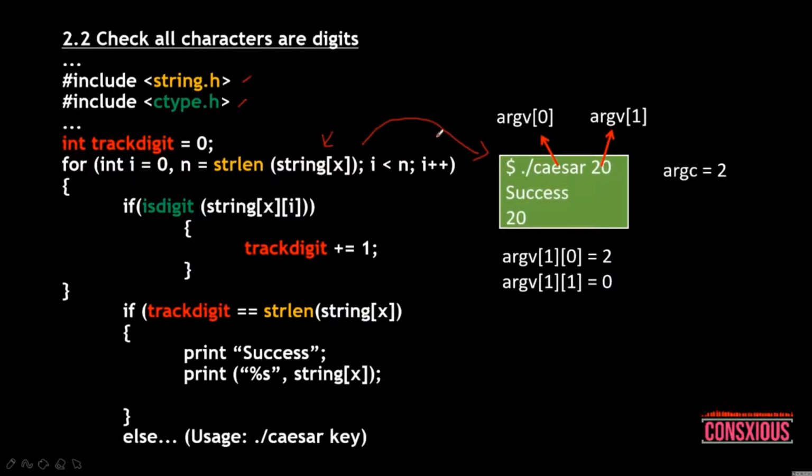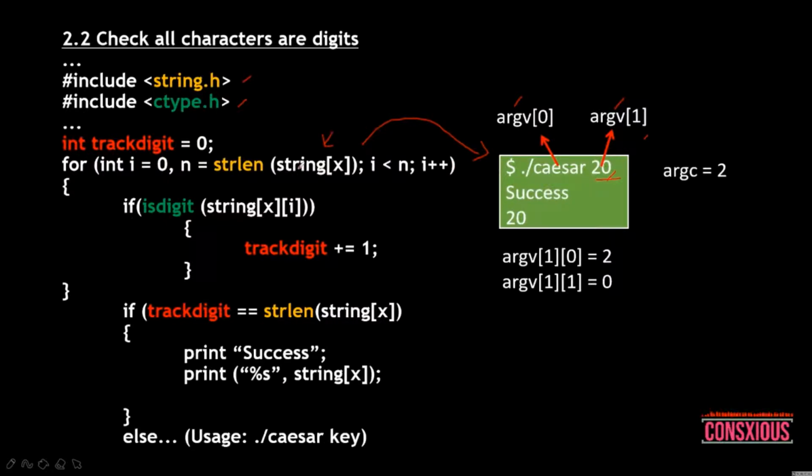It's a string, so it has to do with the argument vector here. So you can see which one we want to find. Of course, we're going to find the string length here. We need to determine the length of the string. So once we find the length, we can put all the parameters here.